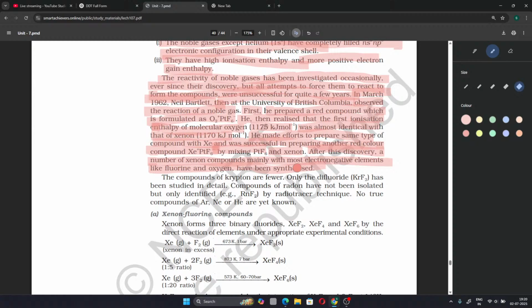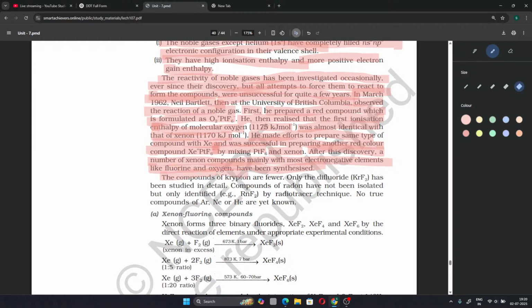Because they have similar ionization enthalpy, he thought maybe xenon can form a similar compound. He tried and was successful in making xenon react and form the same compound, which gave the same red color.